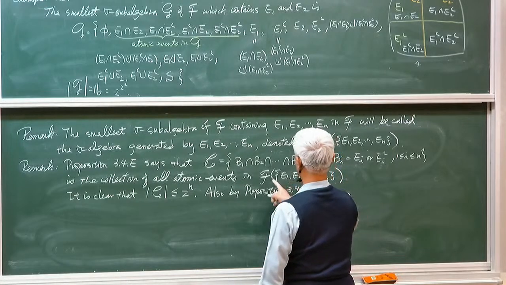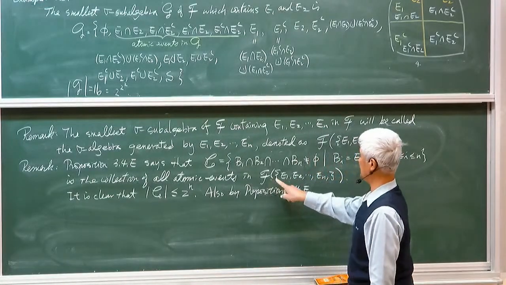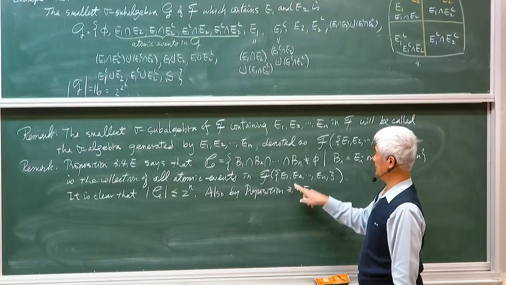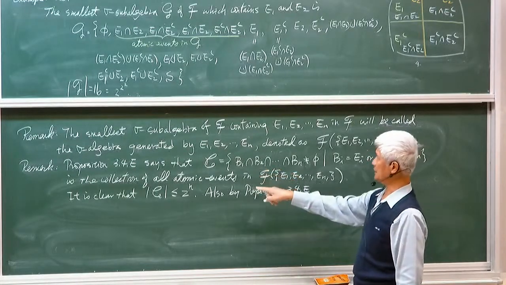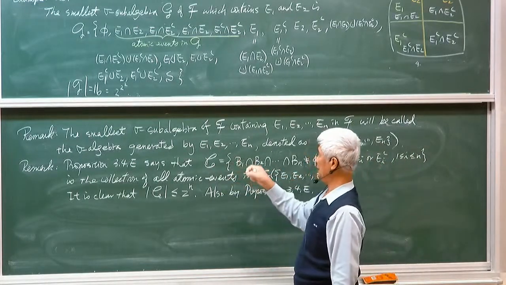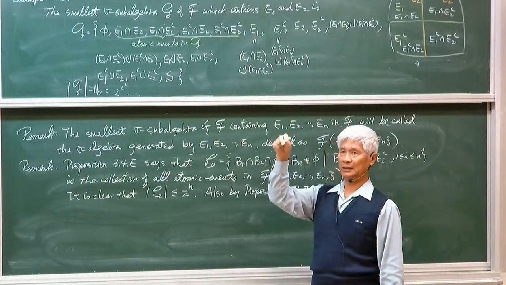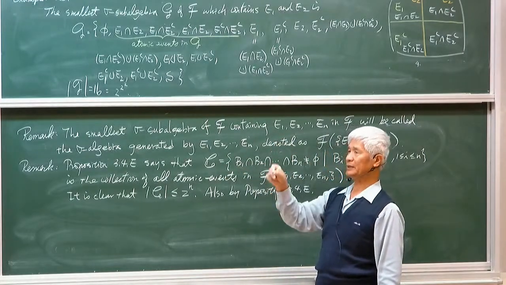So an event in this generated sigma subalgebra would be a union of atomic events. Each atomic event can participate in this union or not.